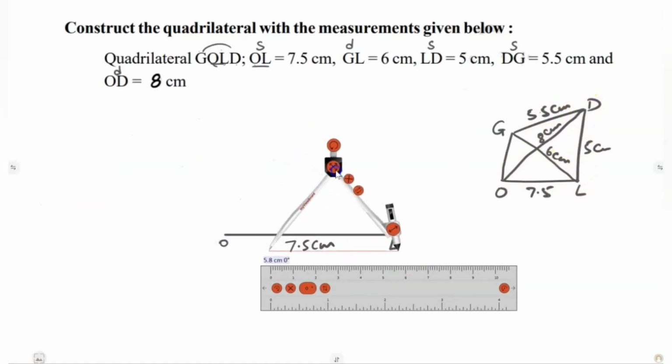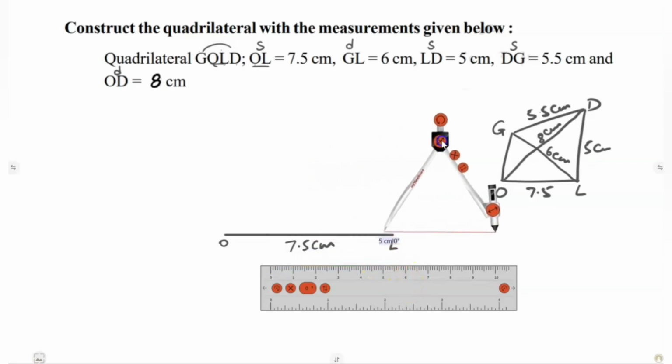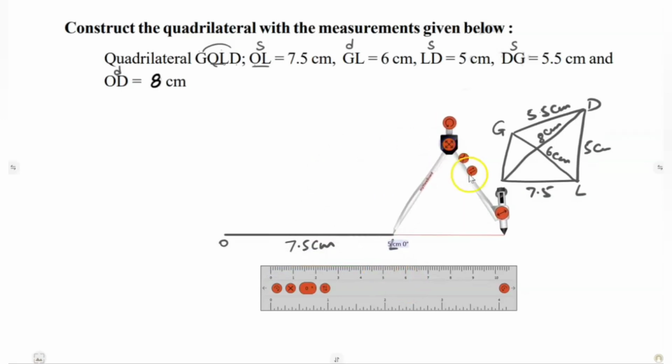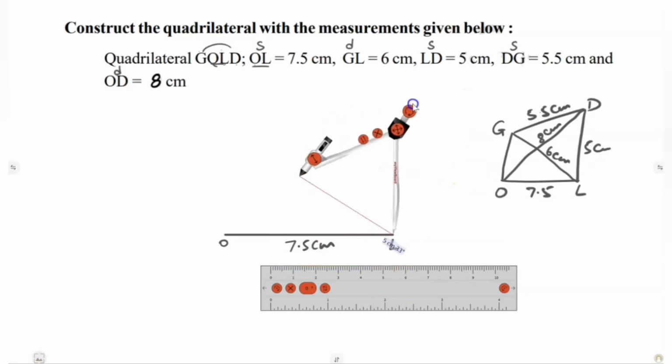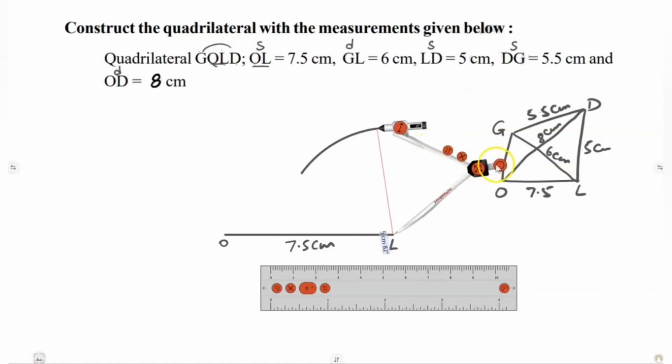So take a compass and open the compass up to 5 centimeters as radius, and with L as center, draw an arc of 5 centimeters. We are going to construct point D from here.